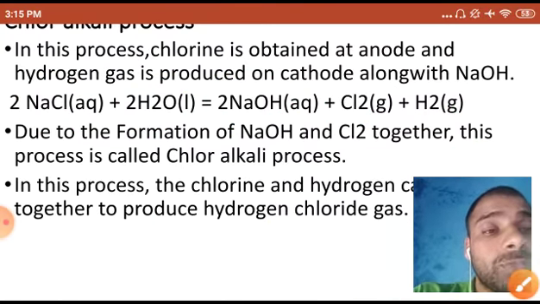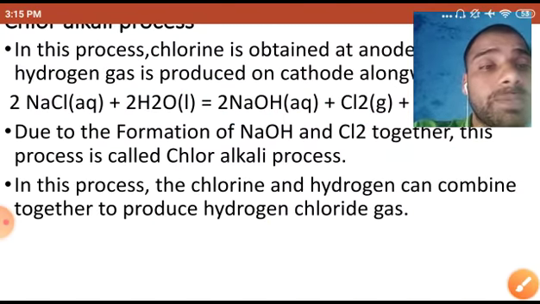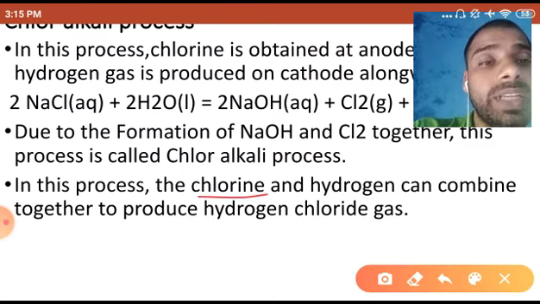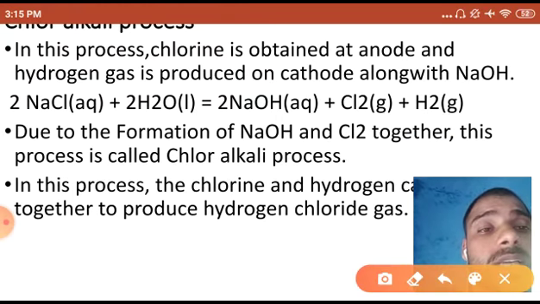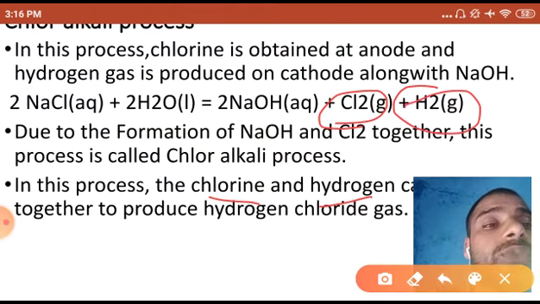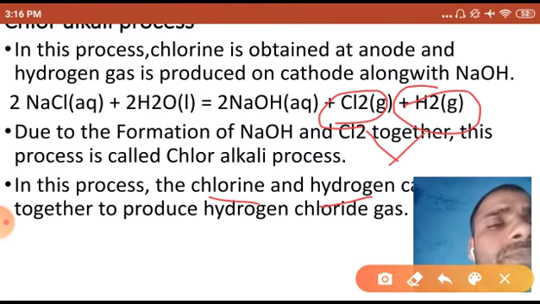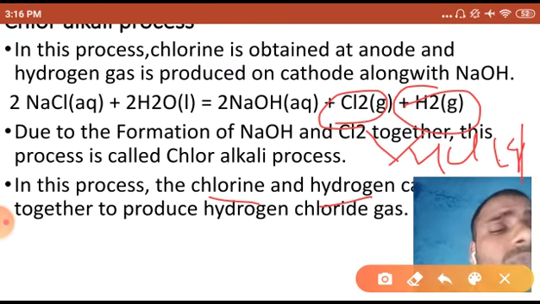Okay, dear students. Now you can see in this process it is written that chlorine and hydrogen combine. So chlorine and hydrogen can combine and form HCl, hydrogen chloride. Hydrogen chloride is a gas, also available in liquid form in the laboratory.